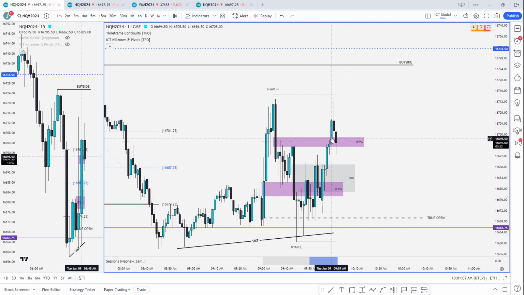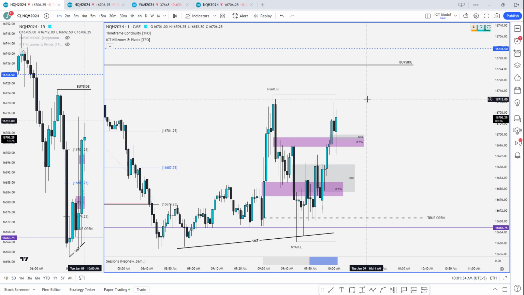We don't have any order blocks that form on top of the IFVG. So if you watch the inversion fair value gap video, how to read them, you're going to be looking for the order blocks that form within that range as it closes it, as kind of an entry point. We do have a gap here, this small BISI that we just filled, that layers on top of the IFVG.